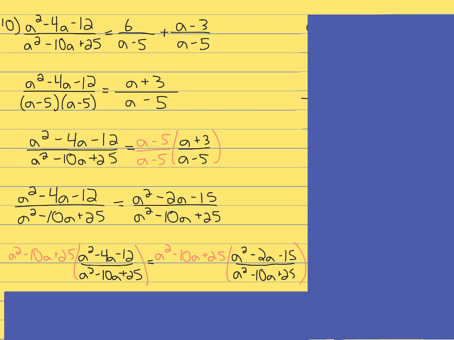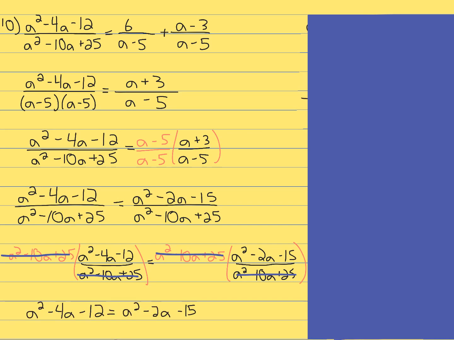If you multiply by what the denominator is, that cancels out there and there, that cancels out there and there, leaving you just with a squared minus 4a minus 12 equals a squared minus 2a minus 15. Okay, and that's what you get right there.